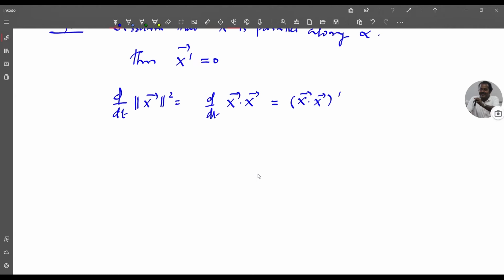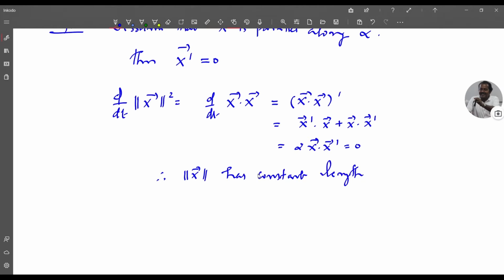So this is equal to X prime dot X plus X dot X prime, which is 2 times X dot X prime. This is equal to 0.